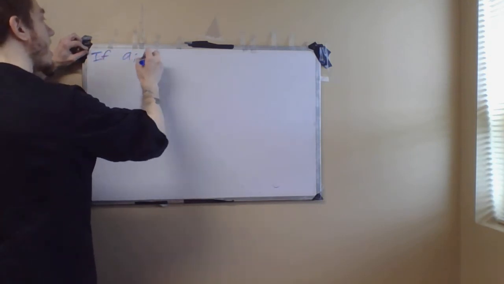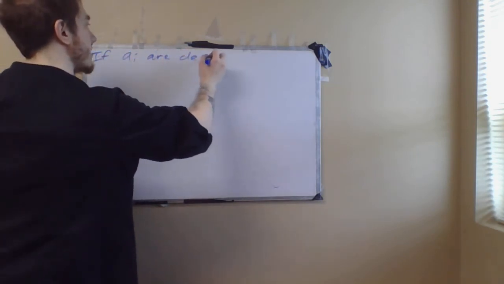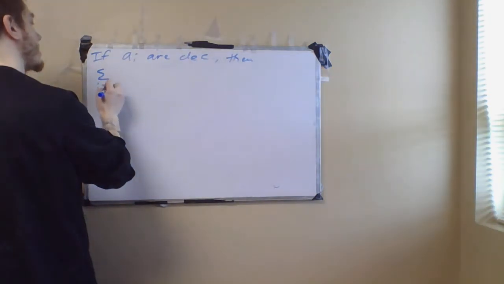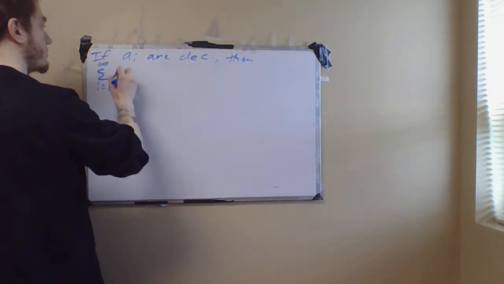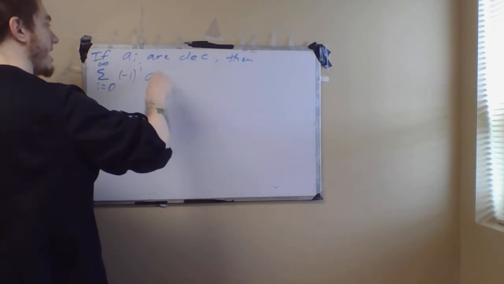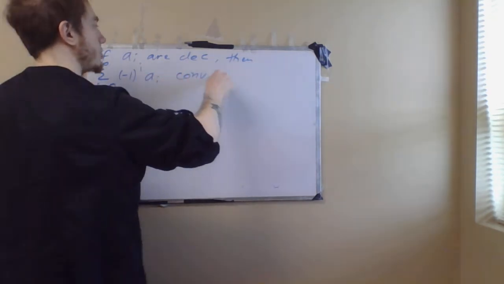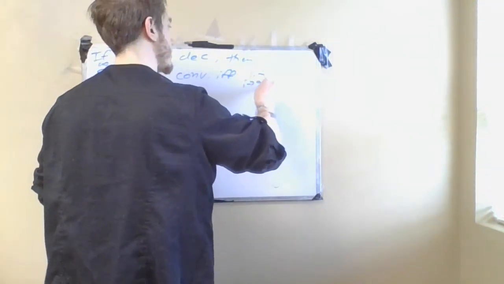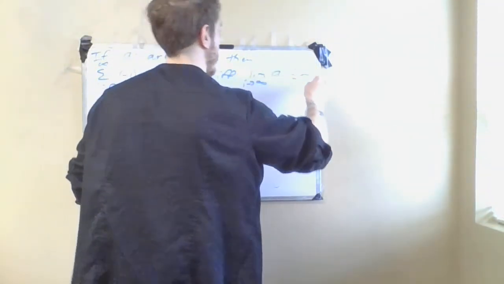If the a sub i are decreasing, then the sum from i equals 0 to infinity of minus 1 to the i times a sub i converges if and only if the limit as i goes to infinity of these a sub i is equal to 0.